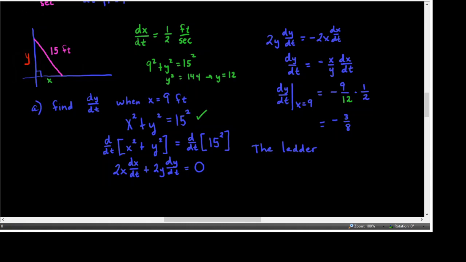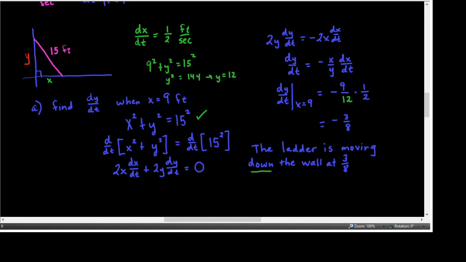The ladder is moving down the wall. And what's the rate? It's actually positive 3/8. And where did the negative go? That negative is expressed with the word down.